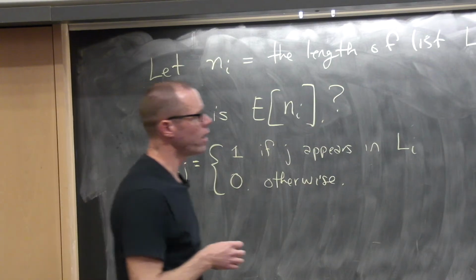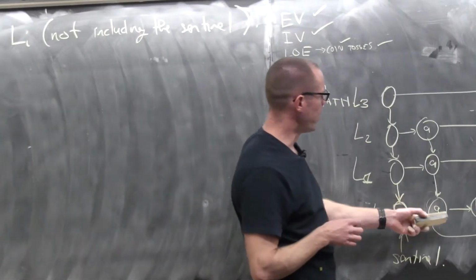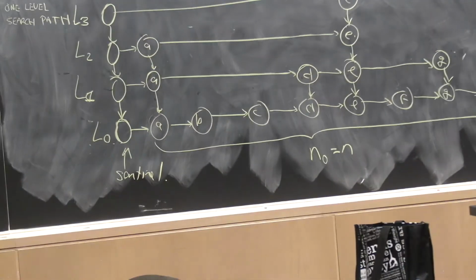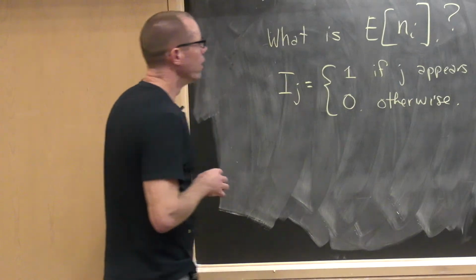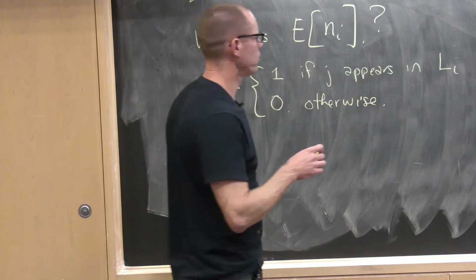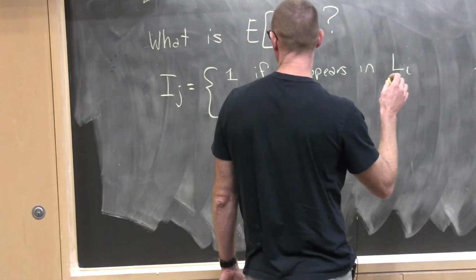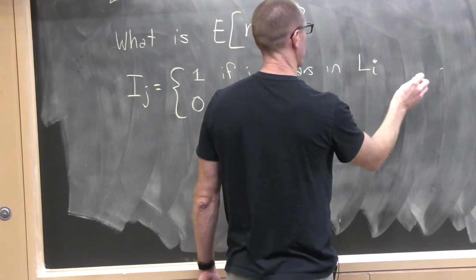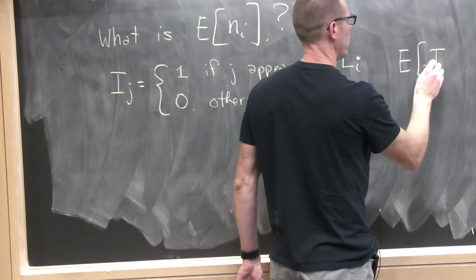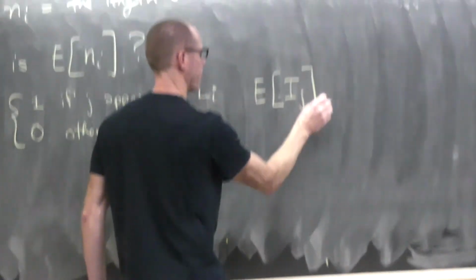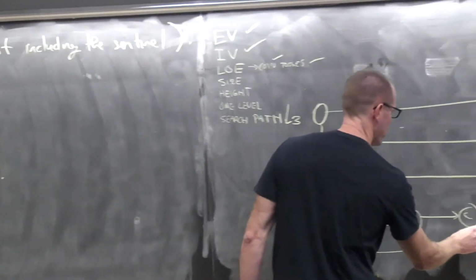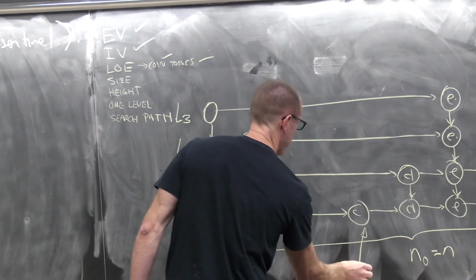So the possible values of j here are the values in these nodes in L0. Okay. So what's the expected value of I sub ij? Okay. So I have something j here in the bottom list.